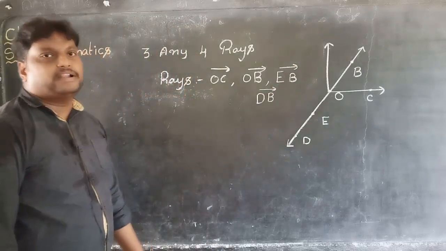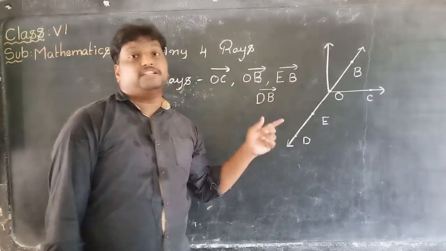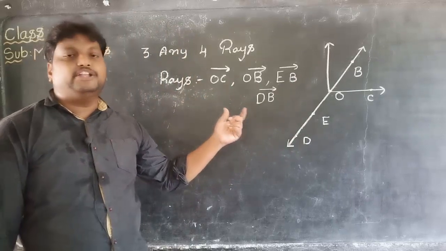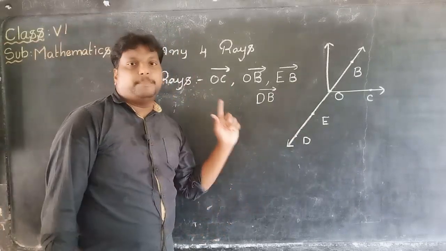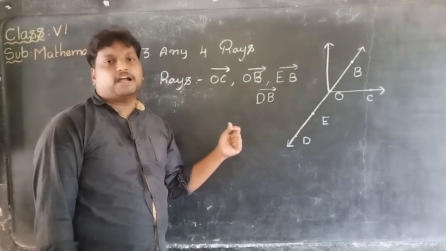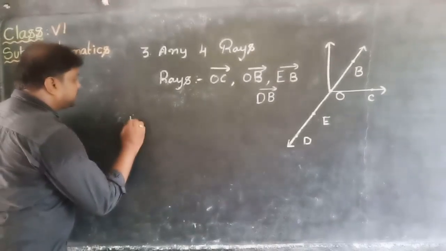Lines and rays are mostly equal, but the symbol will change. If it continues on two sides with no end, that is a line. If one side has an end, that is a ray. Don't be confused.